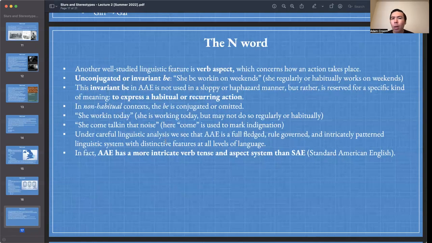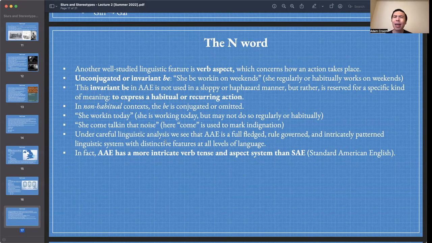All right, so beyond just R-lessness, we have some other linguistic features that we want to discuss today. Another well-studied linguistic feature is verb aspect, which concerns how an action takes place. Unconjugated or invariant be is of this form: she be working on weekends.